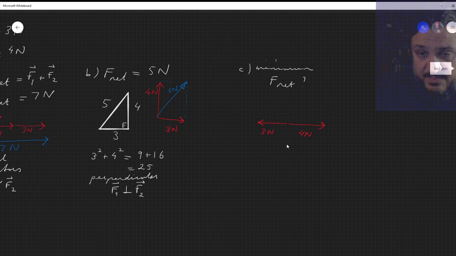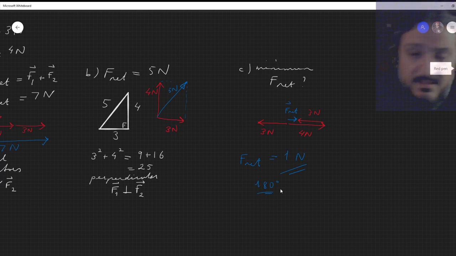The net force will be, you can carry 3 here if you want to do it formally. You carry it over here, and then the tail to tip rule tells you that this is actually F net. So the magnitude of F net will be 4 minus 3, 1 newtons. So what is the angle then between the two vectors? 180 degrees. These two are 180 degrees apart.